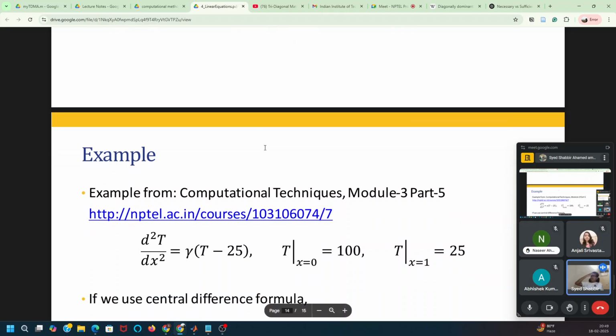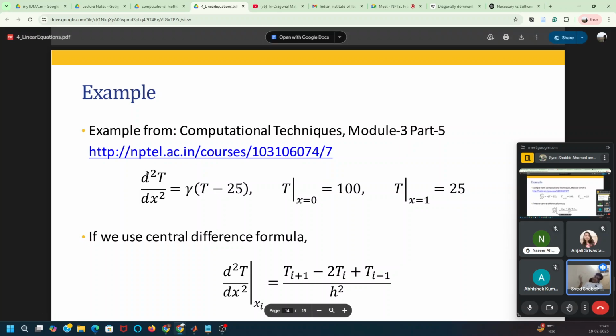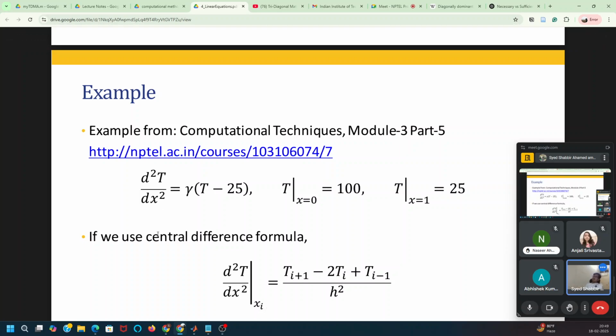So one such example which was given is this heat conduction problem. This is an ordinary differential equation only, but we are using the central difference formula to get the solution of this system numerically. I think we can solve it analytically because this is a very simple ordinary differential equation.